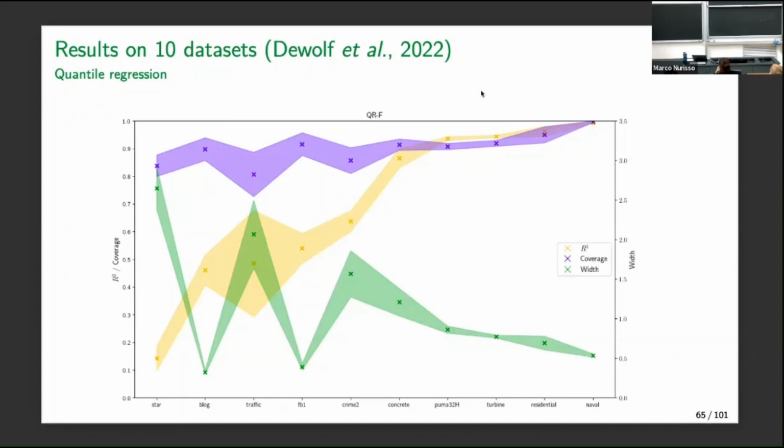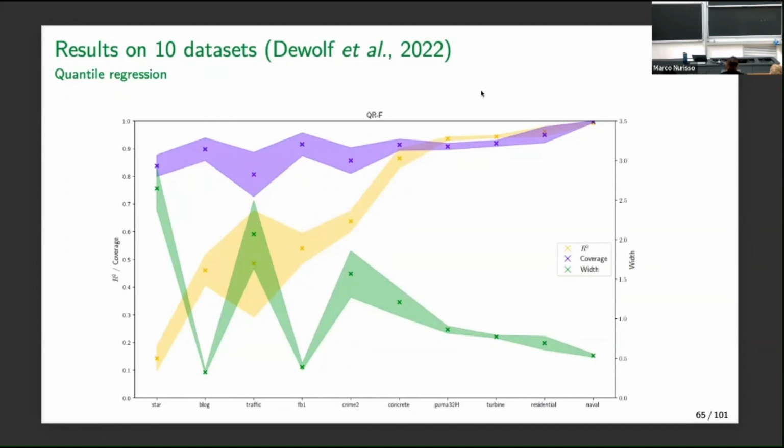For those 10 data sets, this first data set has a very low R-squared, and then it goes up. And in blue, you see the coverage that you obtain with quantile regression. We are here interested in 90% coverage, and you see that you're really not having this 90% on average. For some data sets like this one, for example, you're much below it.